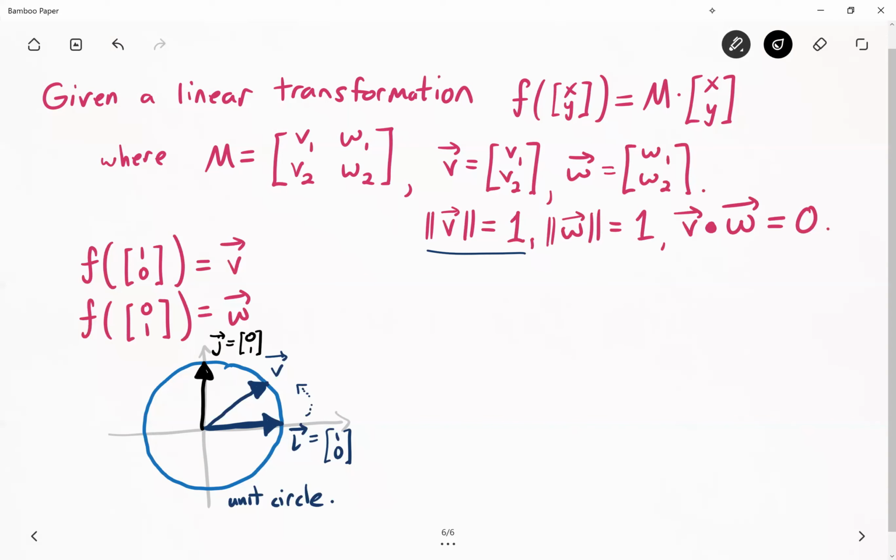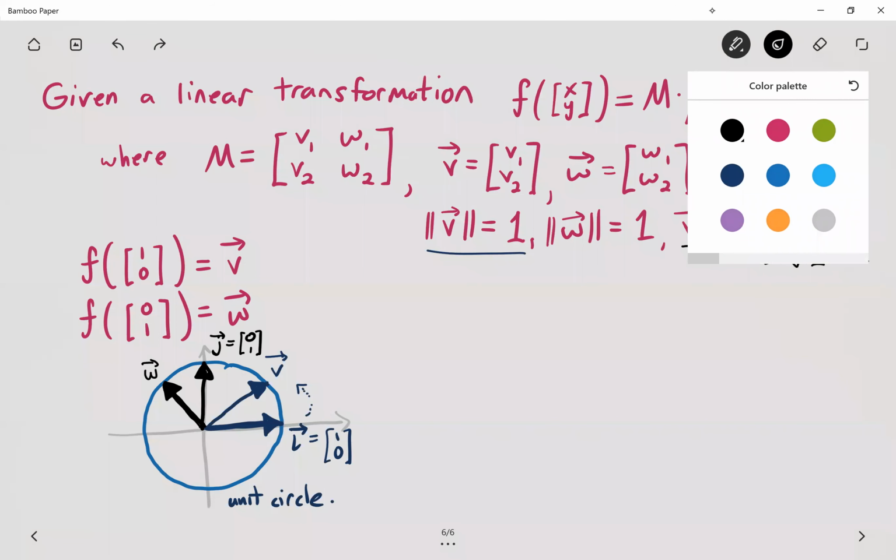And then that vector J gets sent to the vector W. Now, one thing we know about V and W, their dot product is 0, so V is perpendicular to W. That means on this diagram, I can draw the vector W like so. There is another possibility. It could be pointing in the opposite direction going this way. But for now, let's assume it's in this direction.